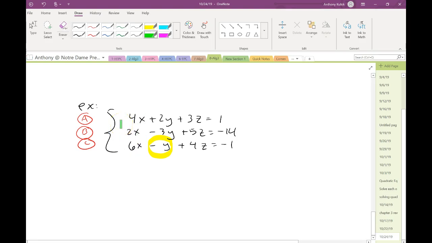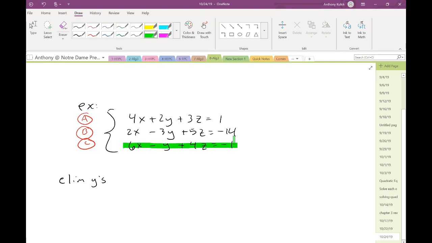Okay. So we're going to eliminate the y's first. And I'm going to use equation C, the equation where my y has a coefficient of -1, as my eliminator equation.